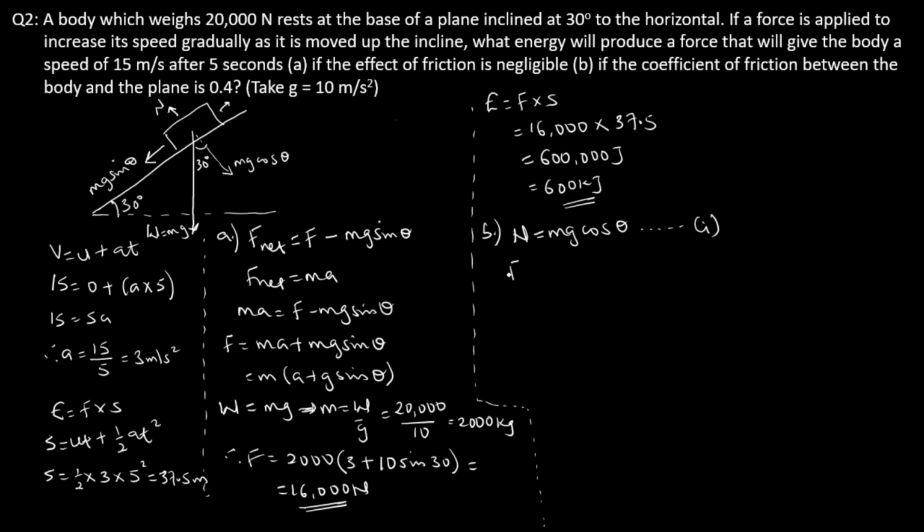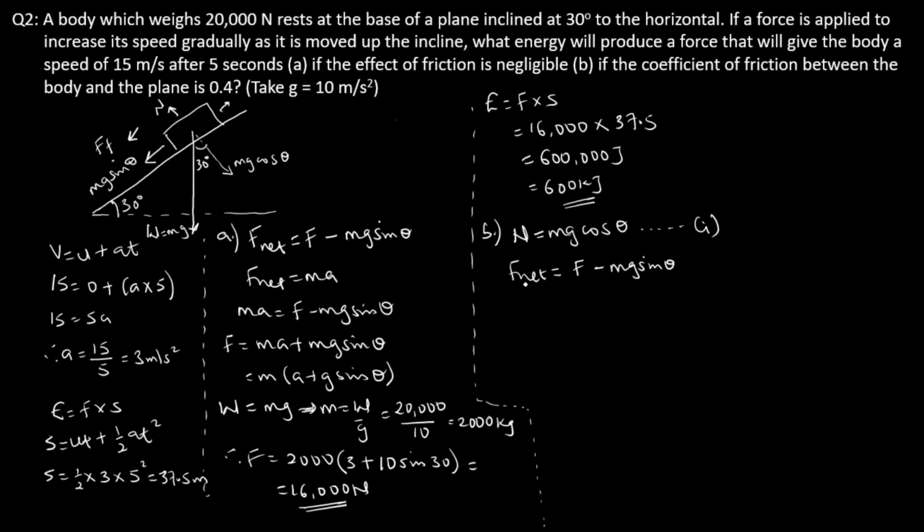For such ones, we can have F net equals the force applied, which takes it upward, minus mg sine theta, which is the component of the weight that pulls it down. And then now we are considering friction, right? Friction opposes motion. Since the force pulls it upward, friction would act backward against the motion of the body.